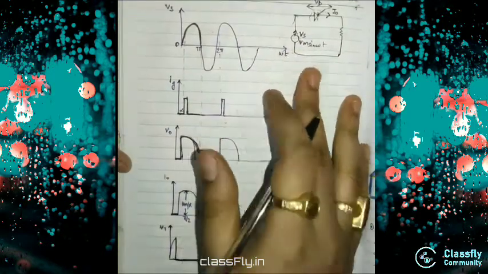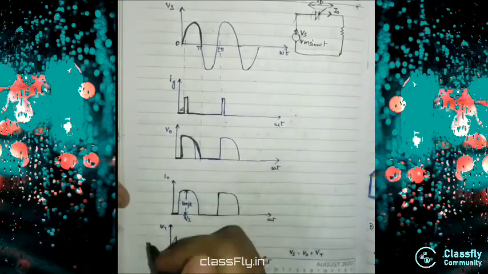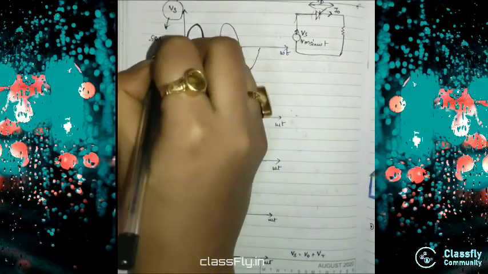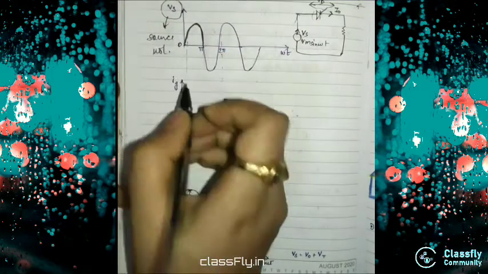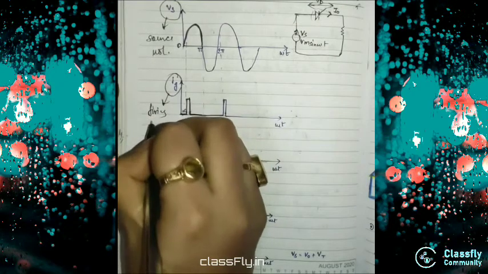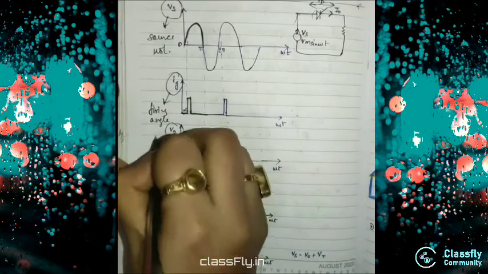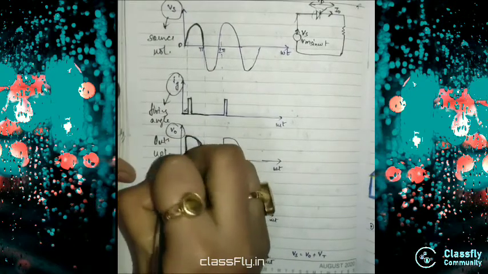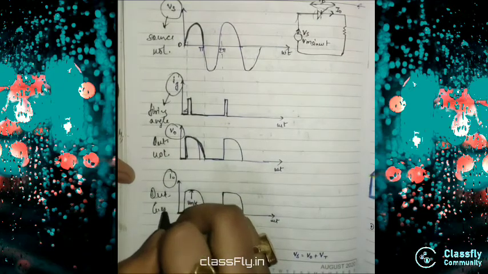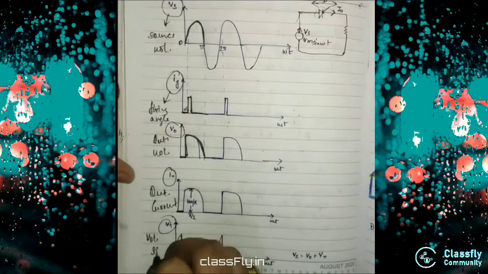Similarly this will continue to some omega t, and this is your source voltage, and this is your triggering firing angle, you can say. This is your output voltage, this is your output current, and this is your voltage across the thyristor or SCR.